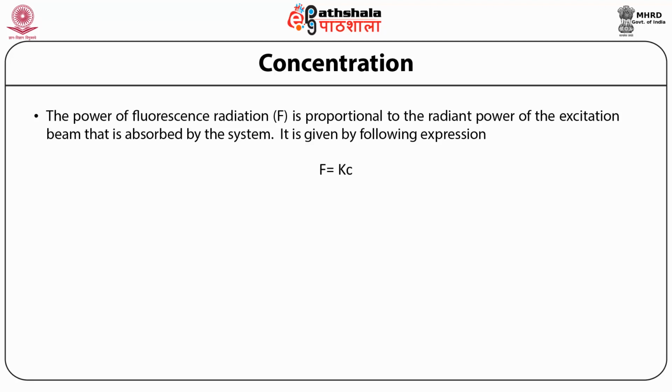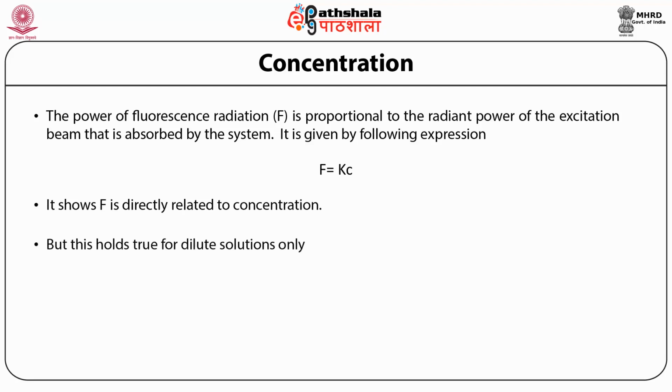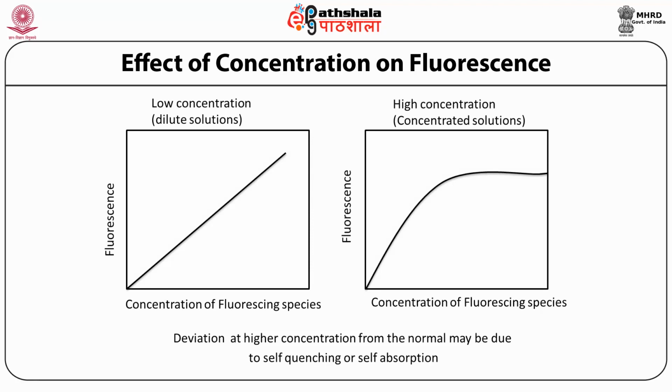According to the equation, the fluorescence is directly related to the concentration, but as we have discussed earlier, it does not hold true for concentrated solutions. There are deviations. This slide will show you the effect of concentration on fluorescence. The left side graph shows concentration versus fluorescence of a dilute solution, and in contrast, the right hand side graph shows the fluorescence of a concentrated solution.